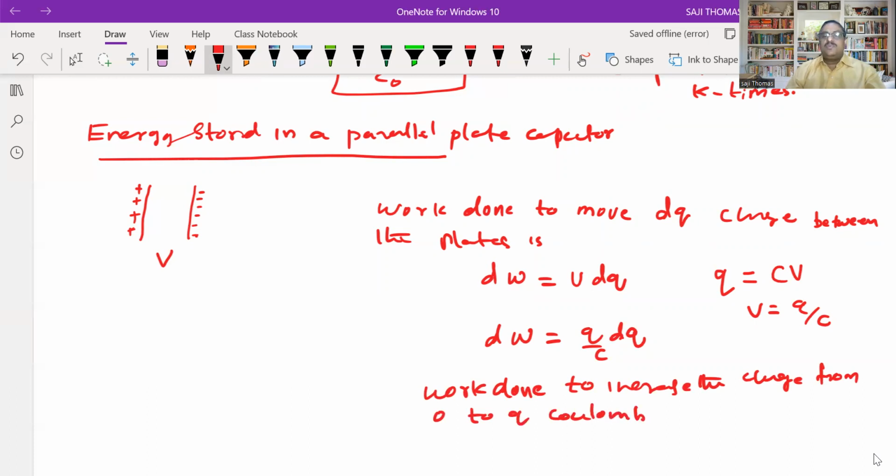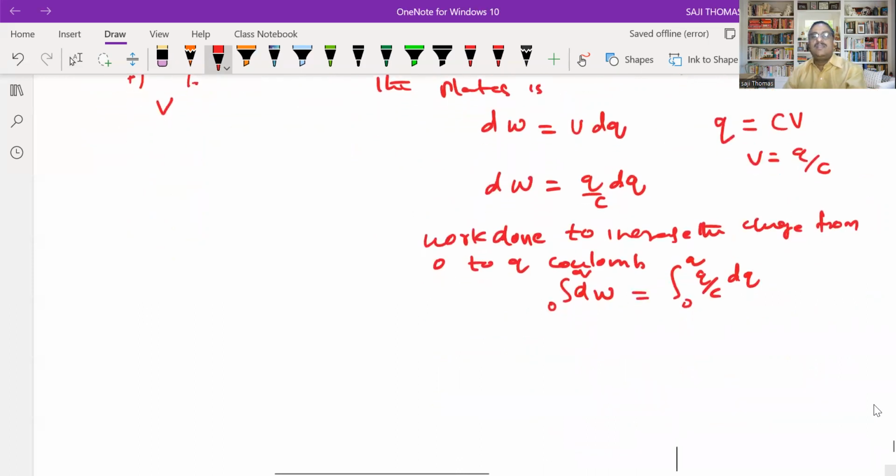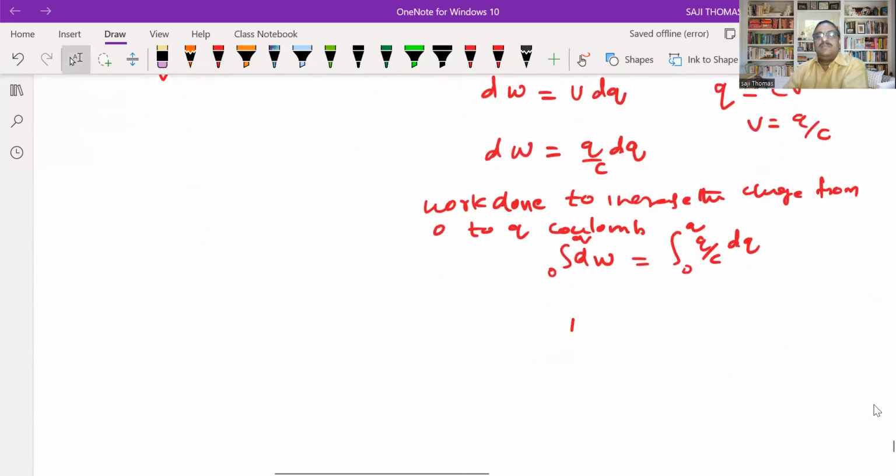You have to integrate the above equation. Integral dW. You have to put limit. You are increasing from 0 to Q. Integral Q by C dQ. Integral dW is W, right?